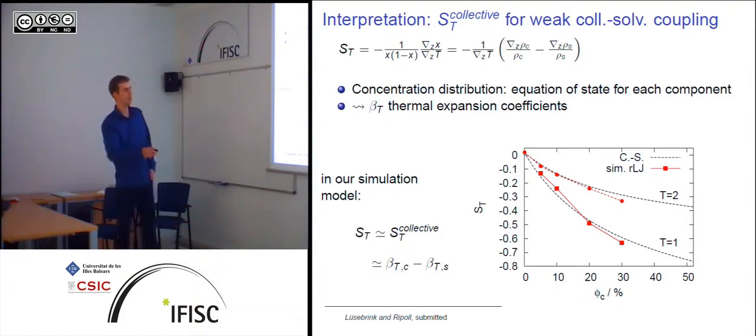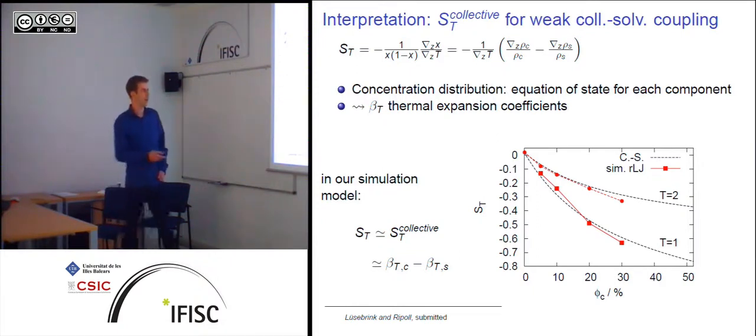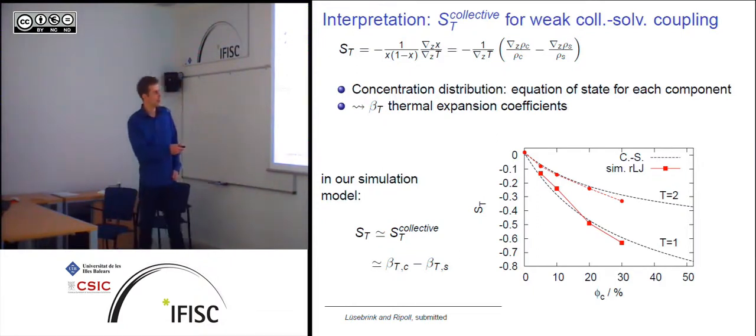This CS here is for Carnahan-Starling, which is a very well established equation of state for the hard spheres. And we find that the simulations fit very well with this Fourier coefficient from independent thermal expansion.